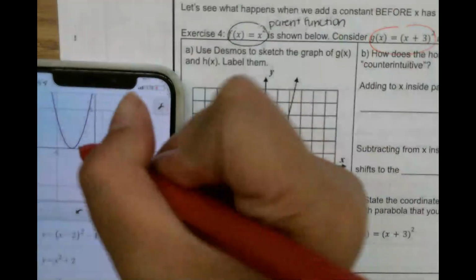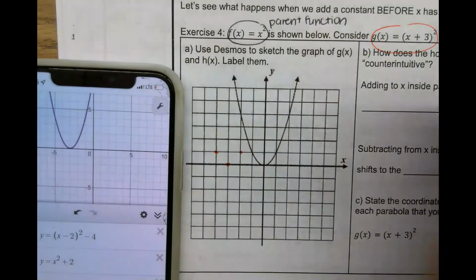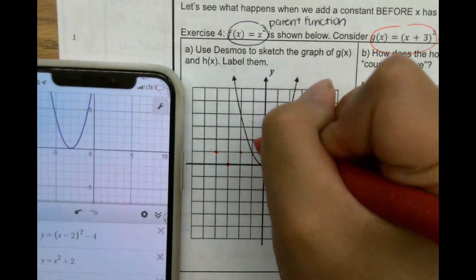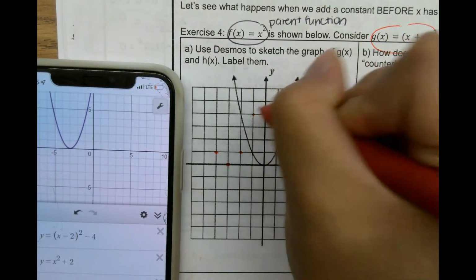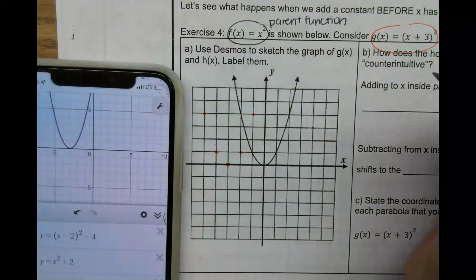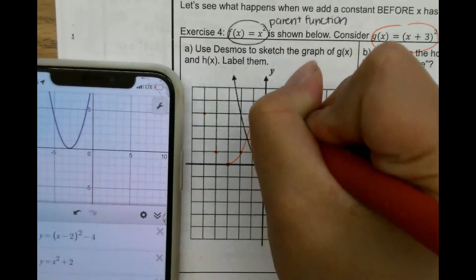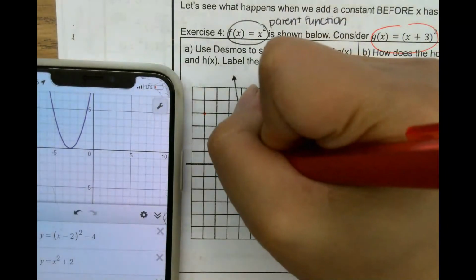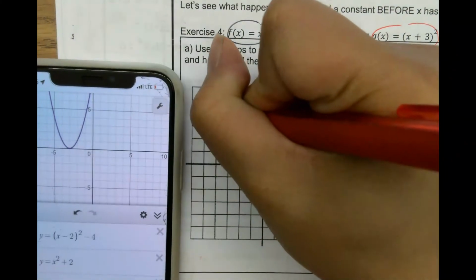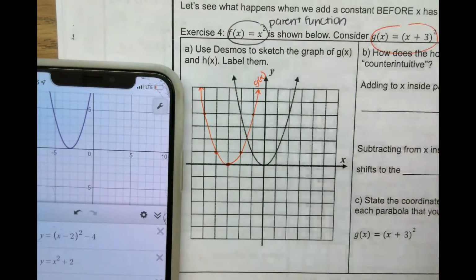Then the next clear point is negative 1, 4. Mirror it over, and then it won't fit in my graph anymore, so I'm going to connect the dots and label it g of x.